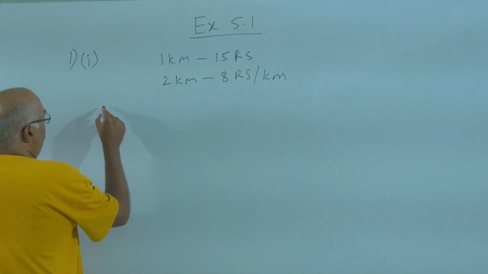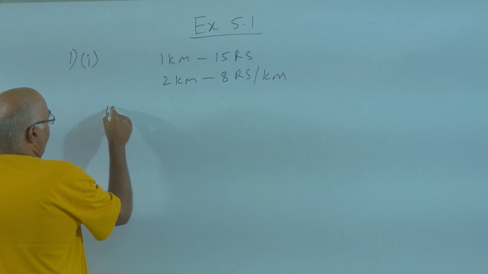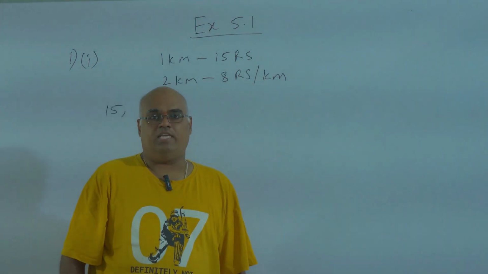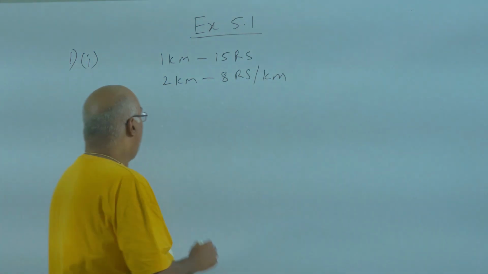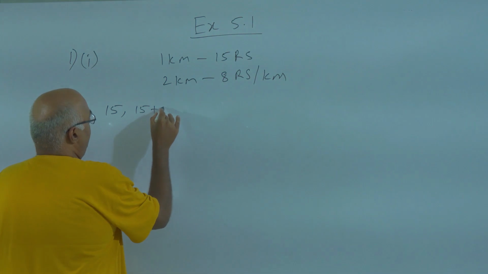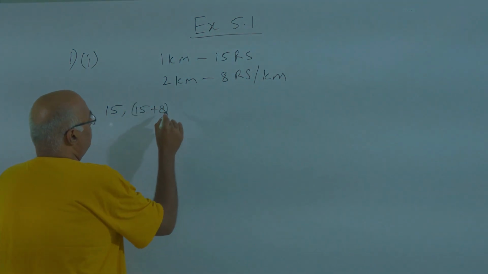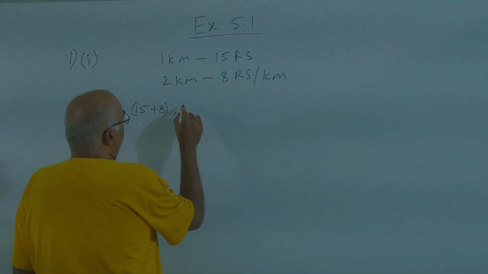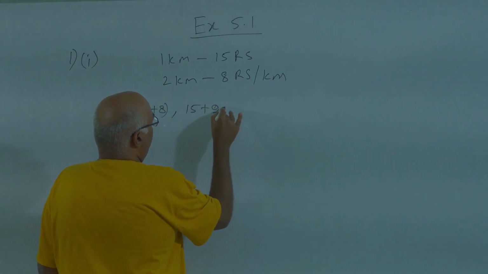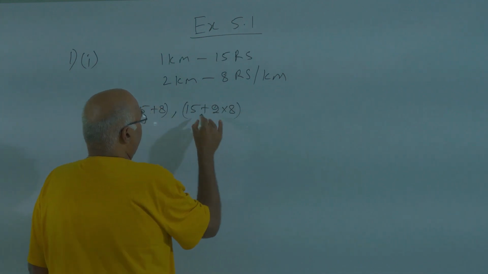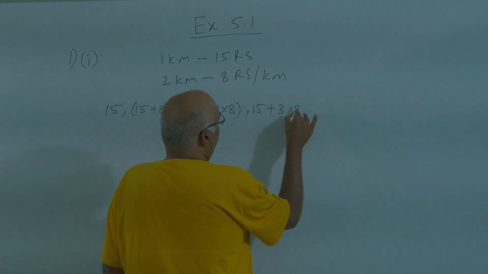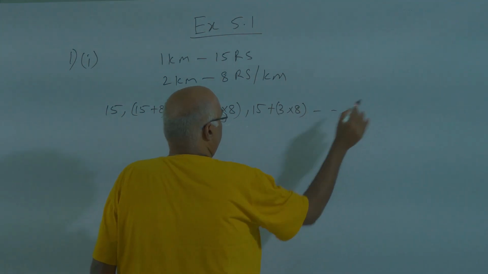For the first kilometer, the taxi fare is 15 rupees. For the second kilometer, the fare increases by 8 rupees, so it becomes 15 plus 8. For the third kilometer it becomes 15 plus 2 into 8, and for the fourth kilometer it becomes 15 plus 3 into 8, and so on.